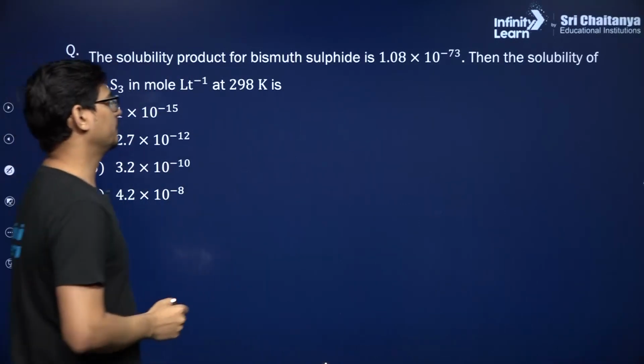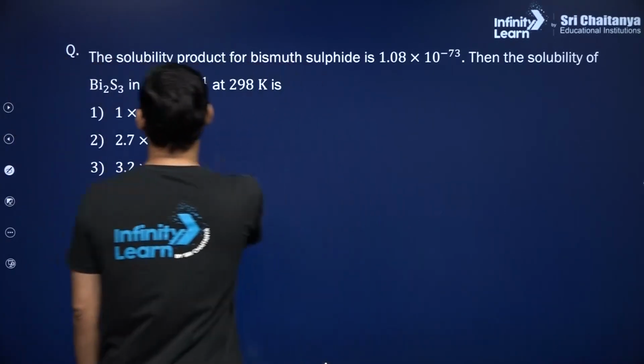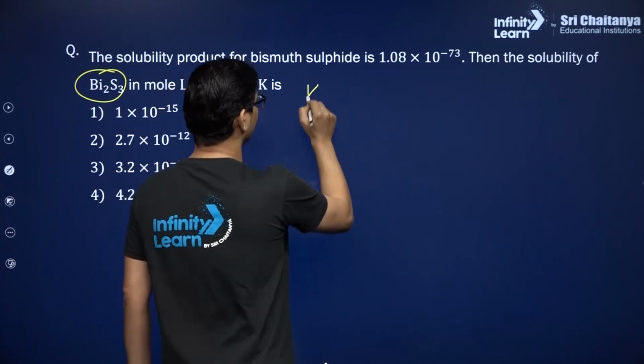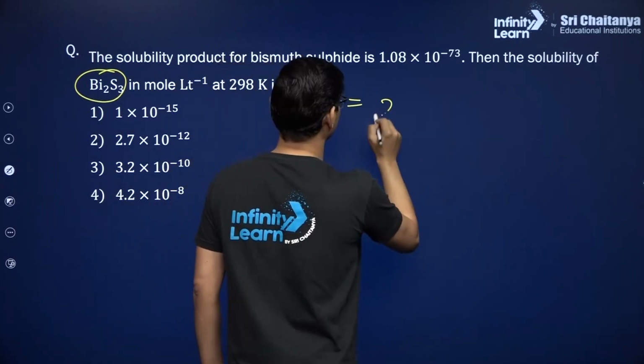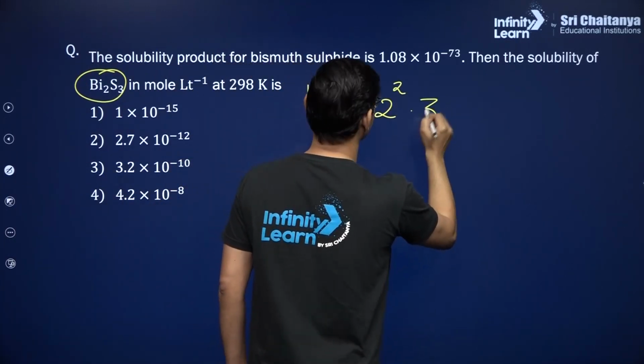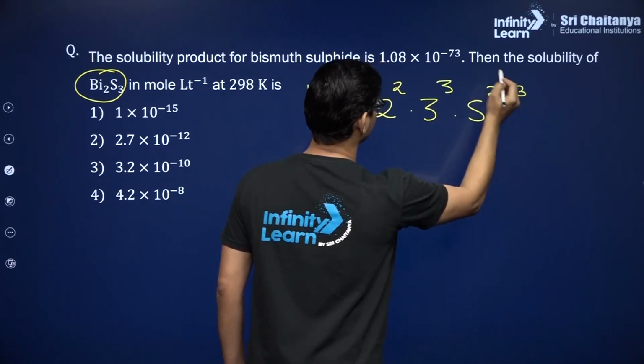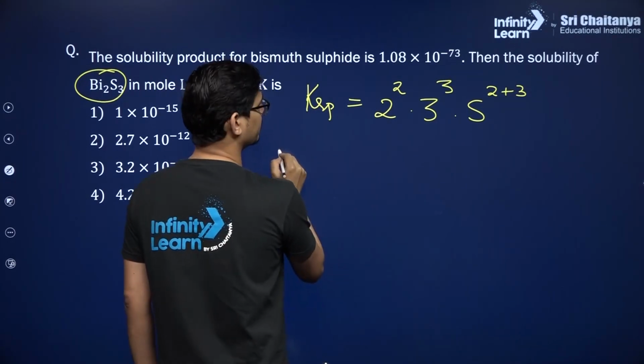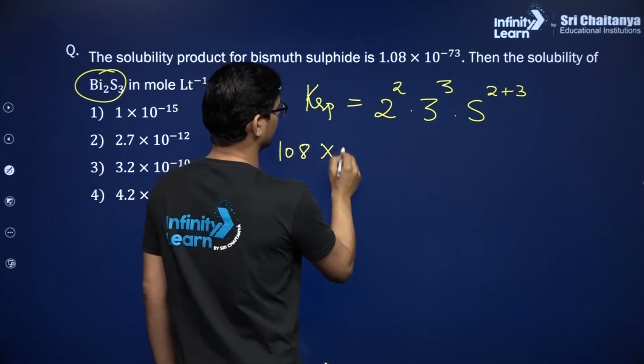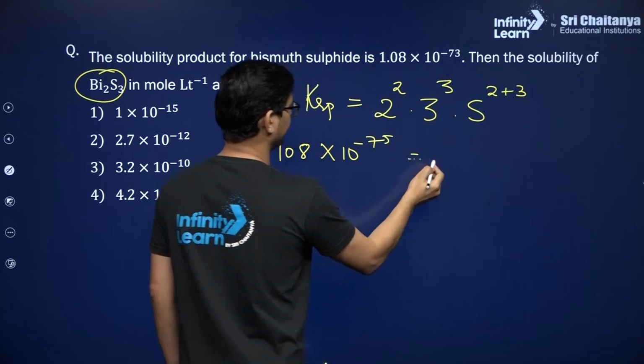The solubility product for bismuth sulfide is this. So Ksp I can write as number of cations raised to the power number of cations, number of anions raised to the power number of anions, solubility raised to the power number of cations plus anions. So Ksp is given 108 into 10 raised to the power minus 75.